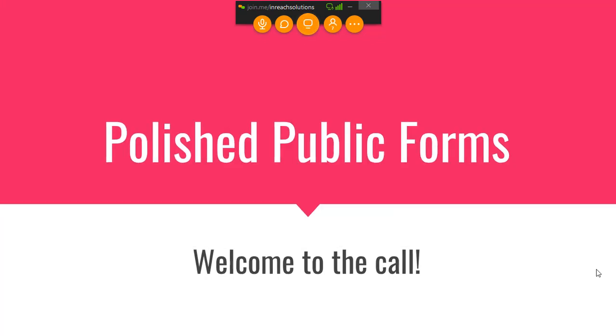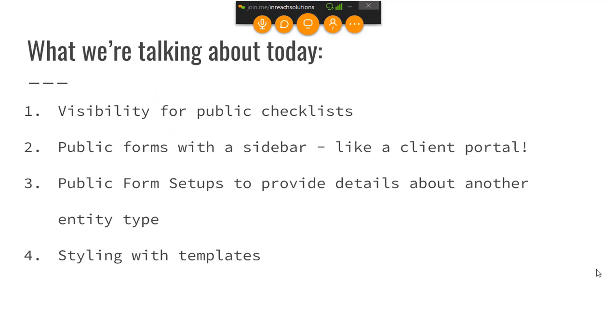Let's get this going. Okay, so again, today we're going to hit 4 main points. There is a new feature that's going to be released this evening to most clients. It's visibility for public checklists. So once you've allowed clients to see some information, you can have some control over whether or not they can continue to see that information.